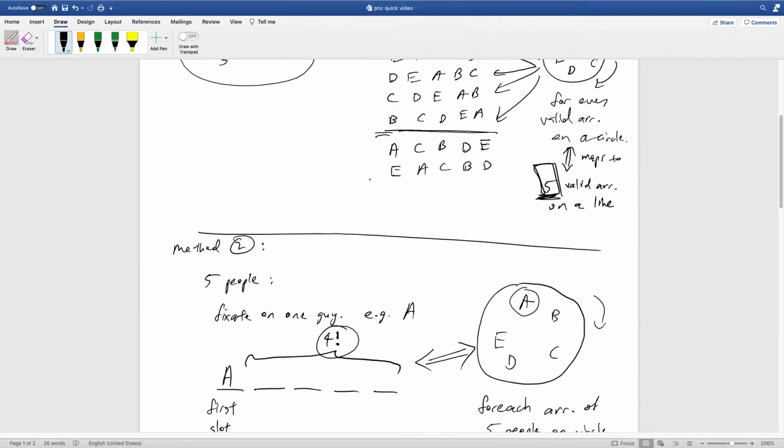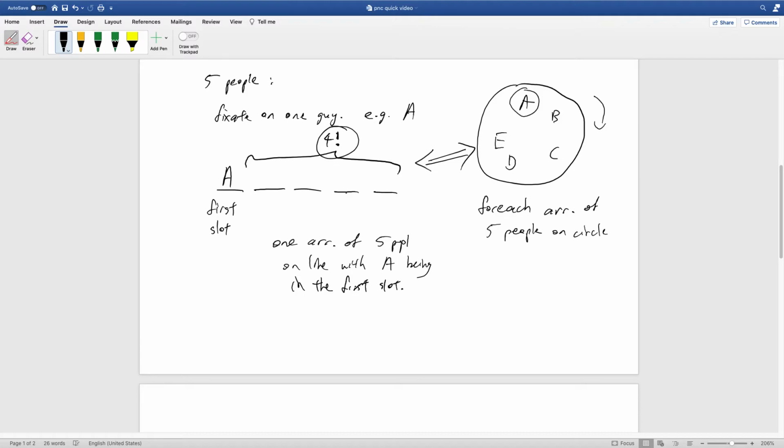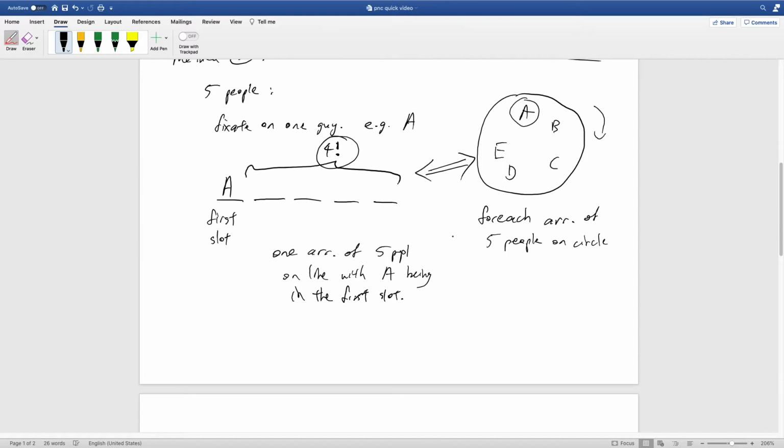Instead of doing that, we immediately construct a one-to-one mapping from the 5 people on the table in the circle to the 5 people in a line by ensuring that A is the guy in the first slot. And in so doing, we only need to count the remaining slots, how many ways are there for people to fit in the 4 slots, and that is just 4 factorial.